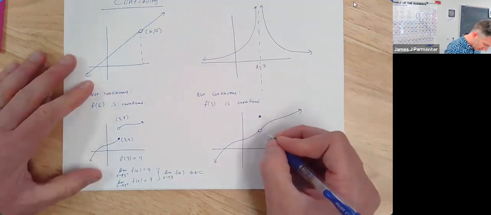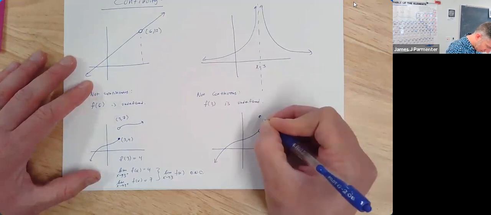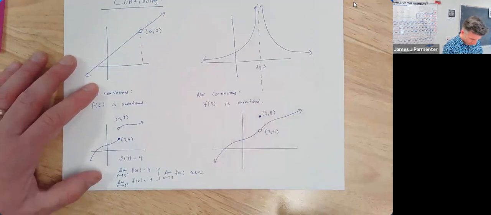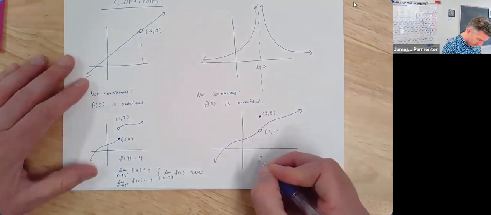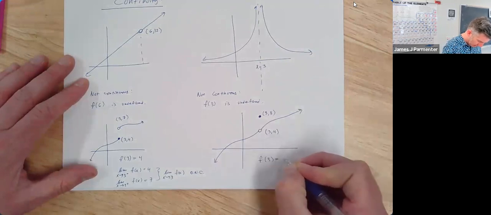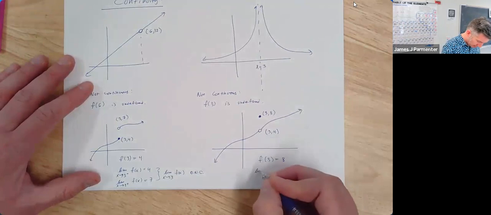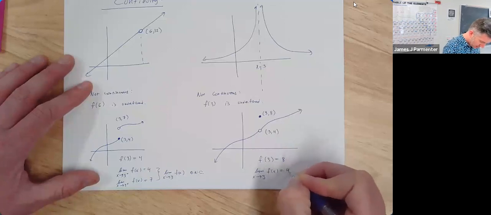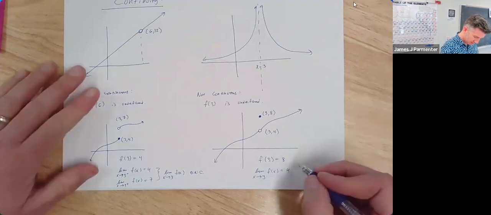Let's say that this hole is the point 3, 4, and this point here is the point 3, 8. So for this function, it's certainly defined at 3. f of 3 is 8. The limit exists. The limit as x approaches 3 from either side is going to be positive 4. But it's discontinuous, because these aren't the same as each other.